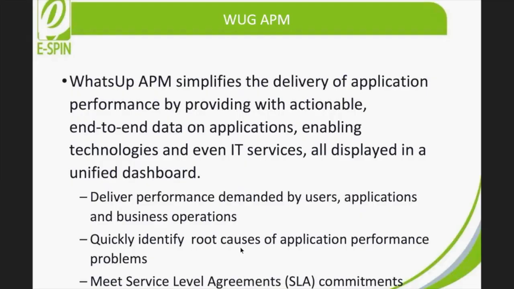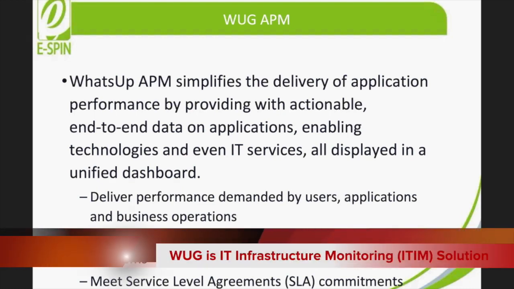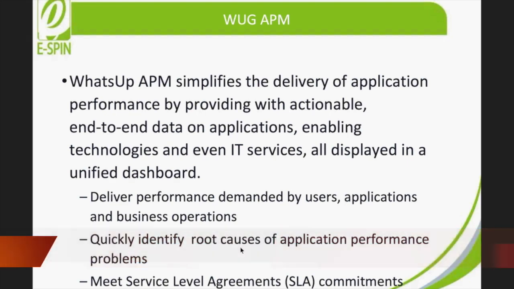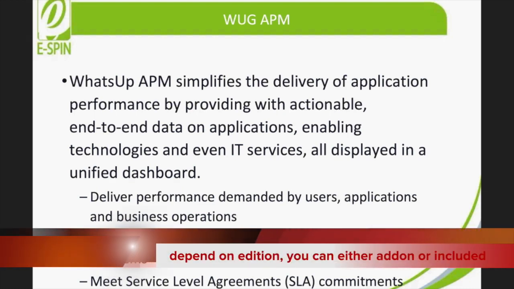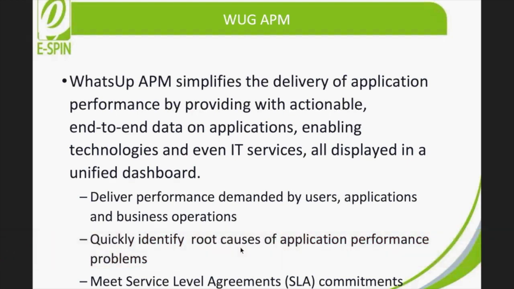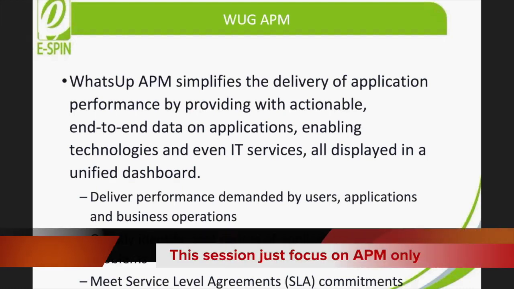In a quick summary for those who are new, WhatsUpGold is a typical IT monitoring system that also comes with the APM function as an add-on for most of the low-end versions, and then is included in the high-end version. But we just specifically talk about this function. We don't talk about other functions of the software, because this section is all about APM, right?